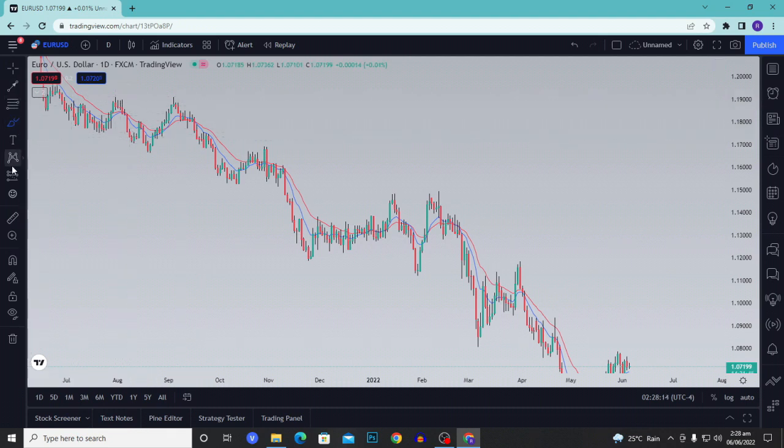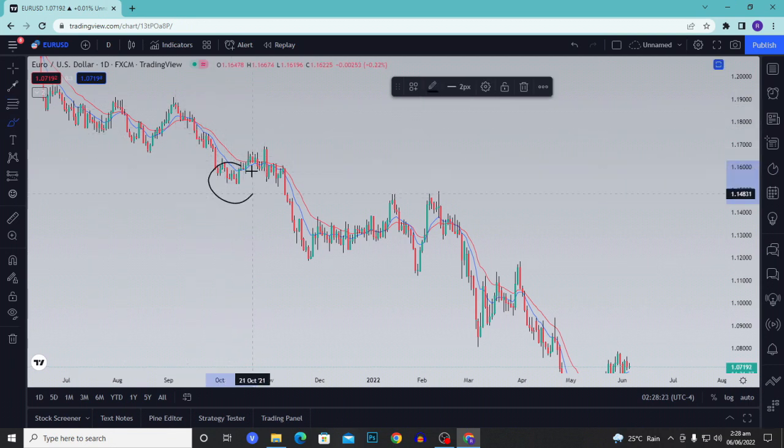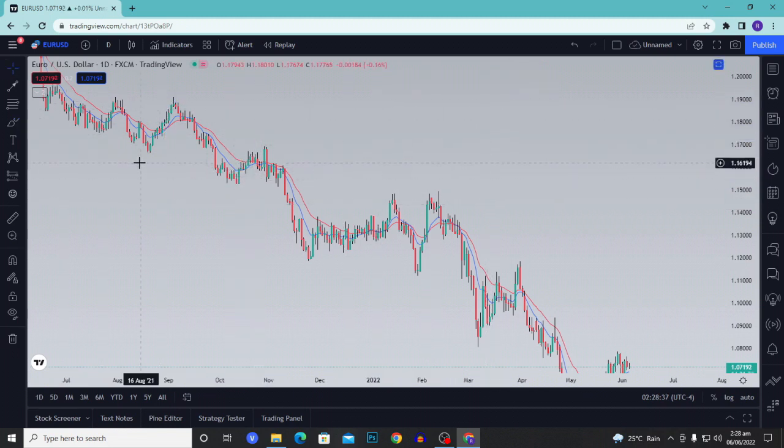So let's say we're here. Now let's say we just finished this impulse move downwards, and we want to get in our trade. First thing we need to do is to draw up a fib from the top.